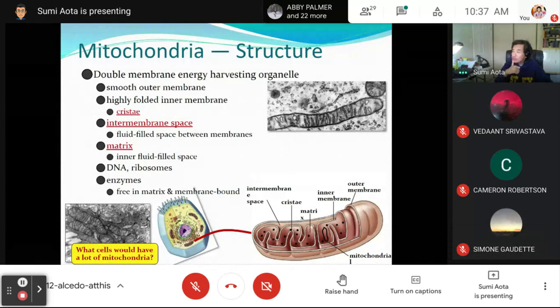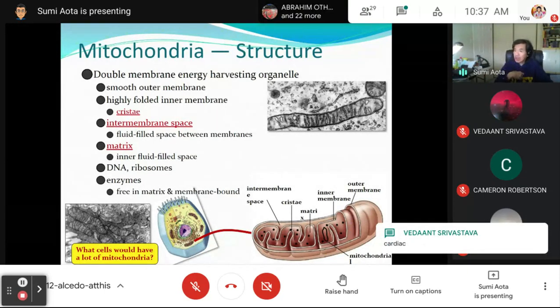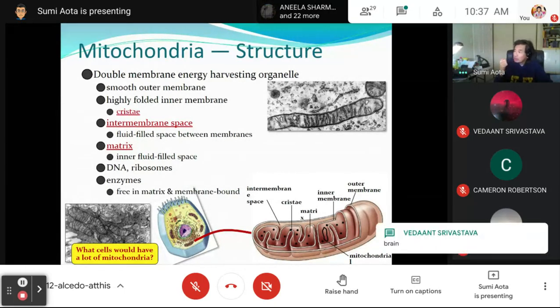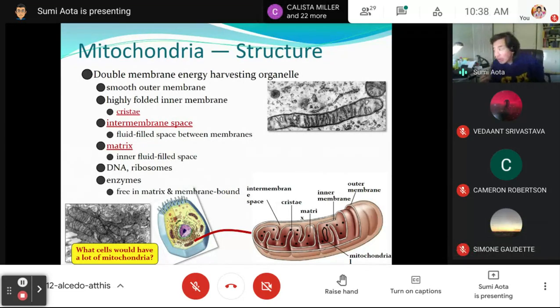What muscle moves continuously? Yeah, cardiac. What other organ would be high oxygen demanding and therefore have a lot of mitochondria? Brain. Heart and brain are the two that have the maximum amount of mitochondria. Third one might be brown fat, which we'll talk about later.